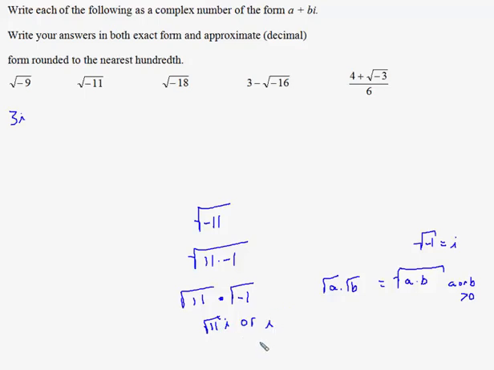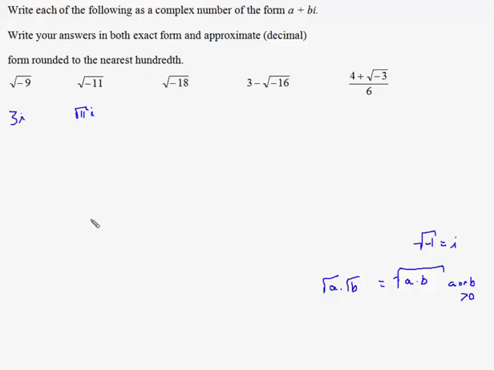Notice that this is in a plus bi form, where a again would be 0. You could think of it as 0 plus square root of 11 i, so my b is the square root of 11. There's my answer: the square root of 11 times i in exact form. If you're going to write it this way, make sure to draw this little line to show that the i is on the outside.